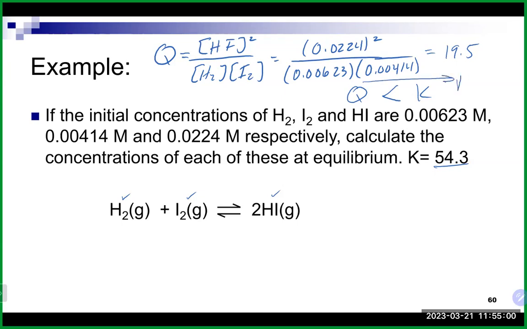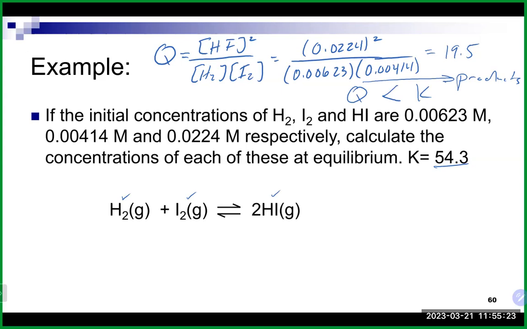So with the change part, we can feel confident that the minuses should be on the reactant side and the positives should be on the product side. If it was the opposite, the reactants would be positive and the products would be negative, since we'd have to go in the other direction to reach equilibrium.